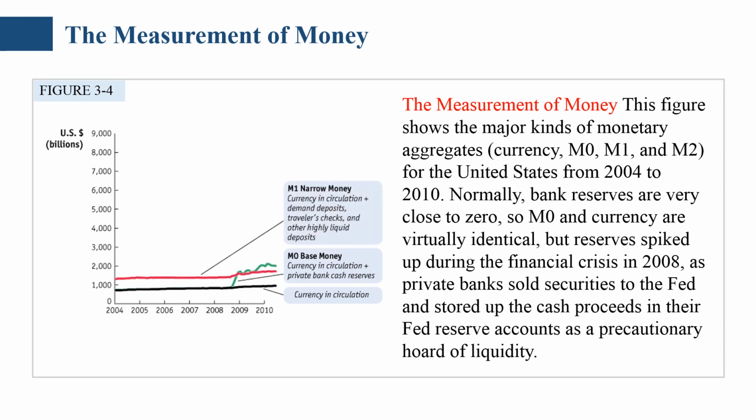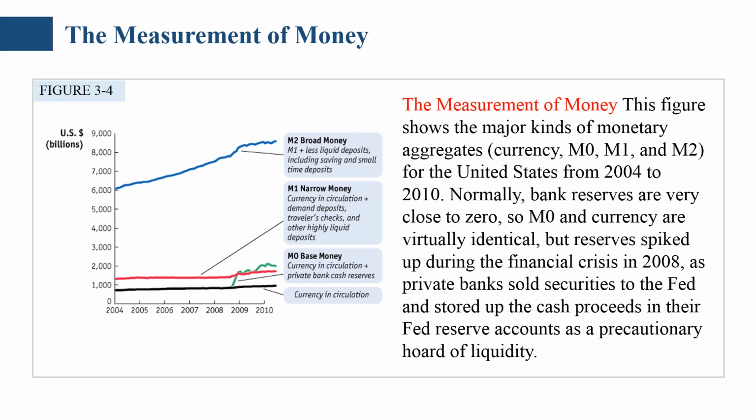M1 includes currency in circulation plus highly liquid instruments such as demand deposits in checking accounts and traveler's checks, but it excludes banks' reserves. M2 includes slightly less liquid assets such as savings and small time deposits. So in this book, when we speak of money, denoted M, we will generally mean M1.